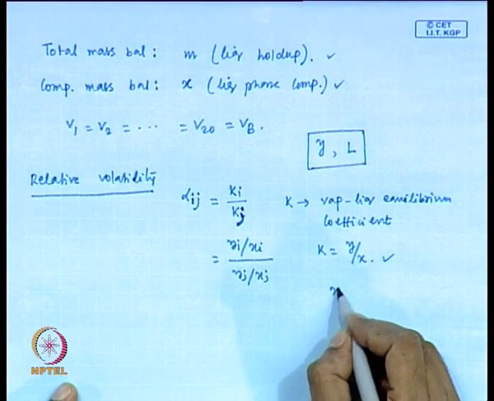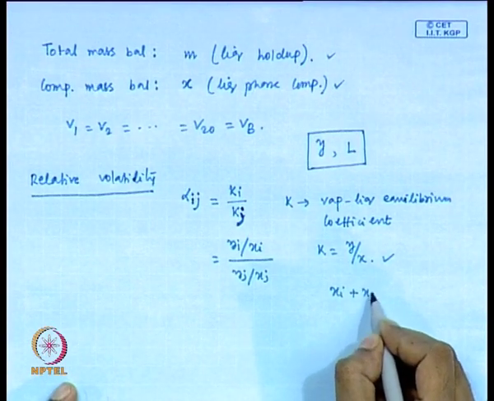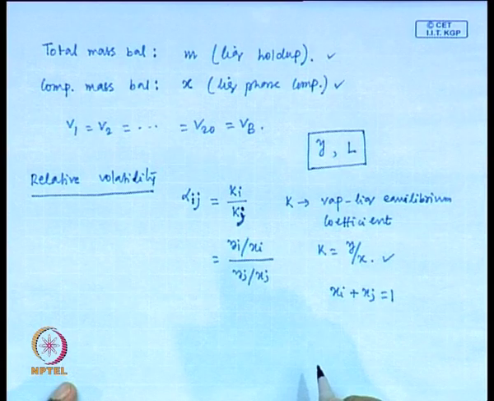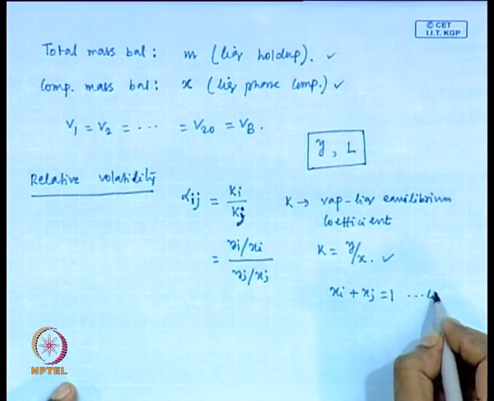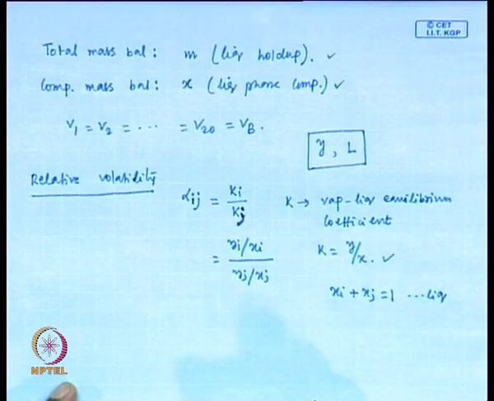Now, see our example column is a binary distillation column. That means, there are two components, one is i, another one is j. So, we can write xi plus xj equals to 1. This is for liquid phase.